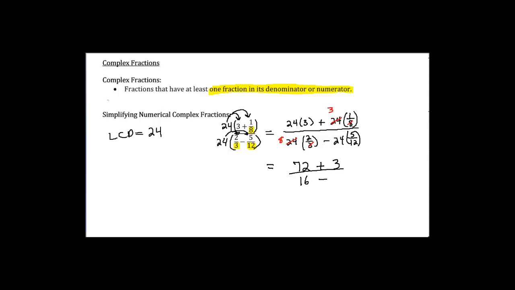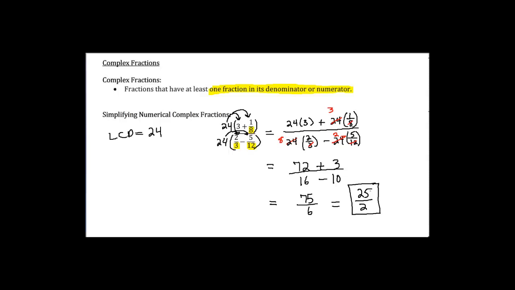And 12 goes into 24 2 times, so we're left with 2 times 5, which is 10. And so we'll end up with 72 plus 3, which is 75, over 16 minus 10, which is 6. They both have a common factor of 3, so we'll get 25 over 2.